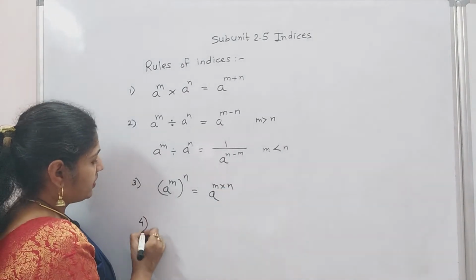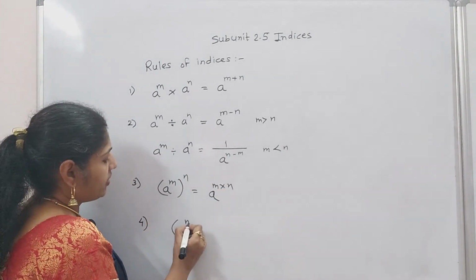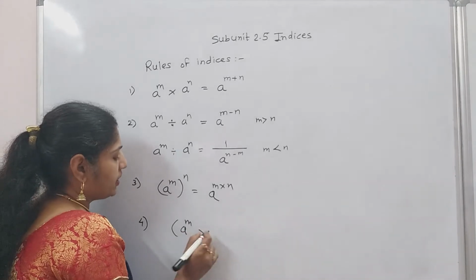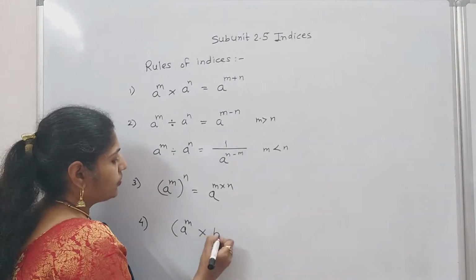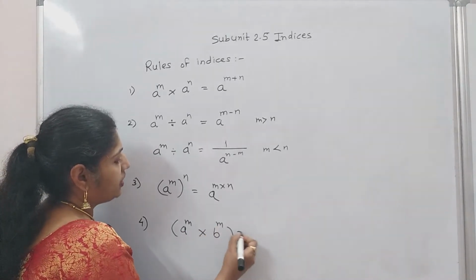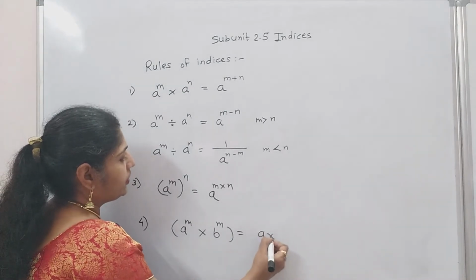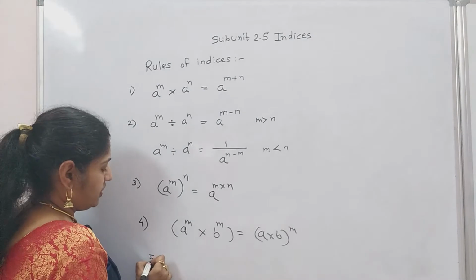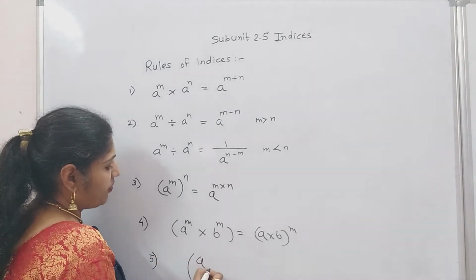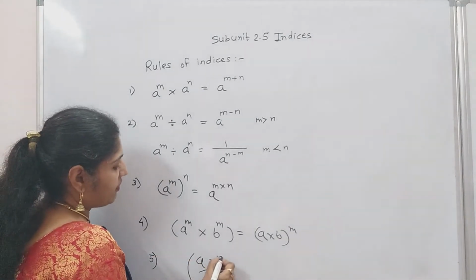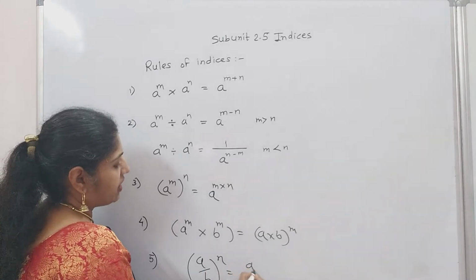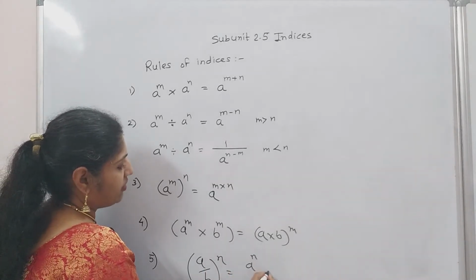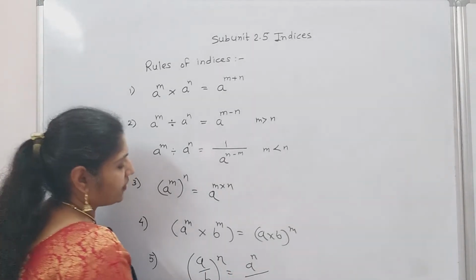Number 4, a raised to m into b raised to m equals a into b, raised to m. Number 5, when a upon b has the same power, we can write it as a raised to n upon b raised to n.